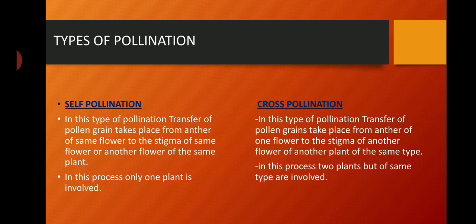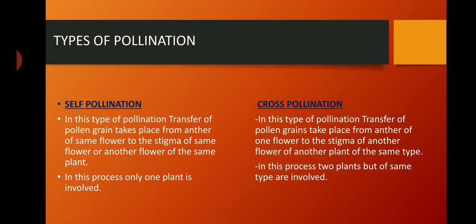Types of pollination. There are two types of pollination. First is self-pollination and second is cross-pollination. What is self-pollination? As the name suggests, self means in the same flower or in the same plant. So, in this type of pollination, transfer of pollen grain takes place from anther of same flower to the stigma of same flower or another flower of the same plant.